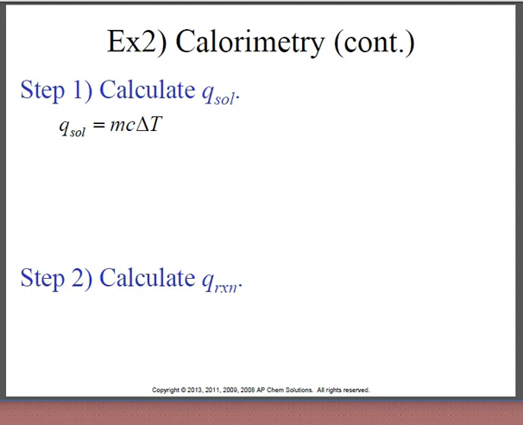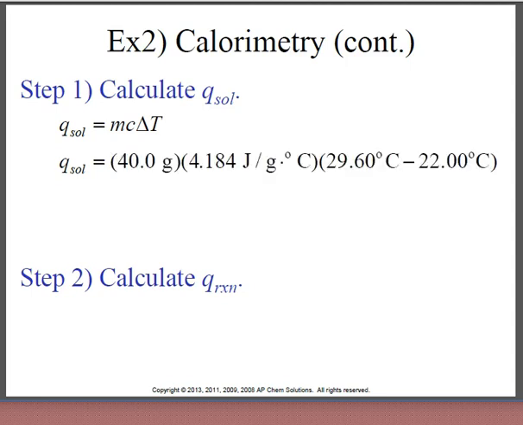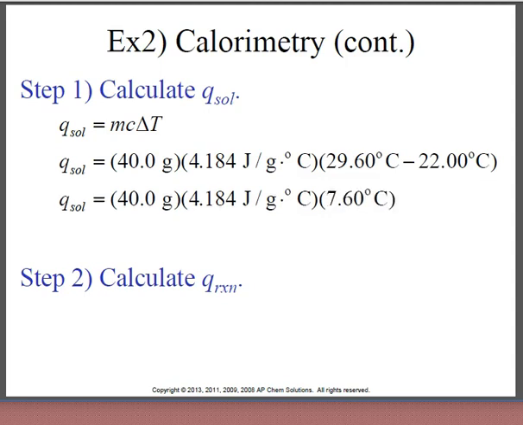So that would be 40 milliliters. And it said the density was 1 gram per milliliter. So that must be 40 grams. We then have the specific heat given to us, and we know the temperature changed from 22 to 29.6. So there's our temperature change. So we have M, C, and delta T, and we'll multiply those together to find the Q of the solution.